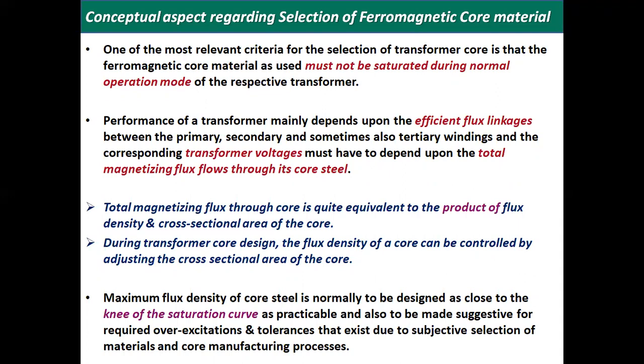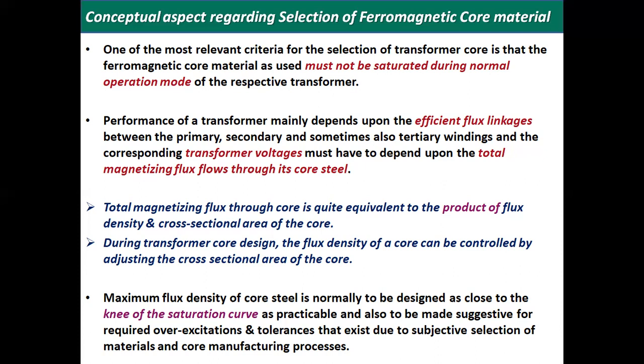Performance of a transformer mainly depends upon the efficient flux linkages between the primary and secondary, and sometimes also tertiary windings, and the corresponding transformer voltages depend upon the total magnetizing flux flowing through the core steel. Total magnetizing flux through core is equivalent to the product of flux density and cross-sectional area of the core.